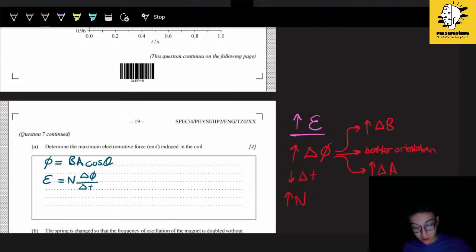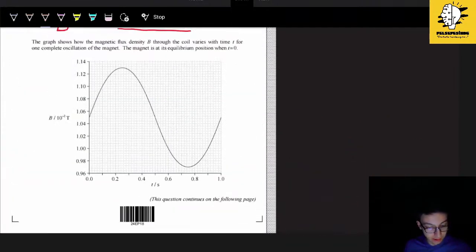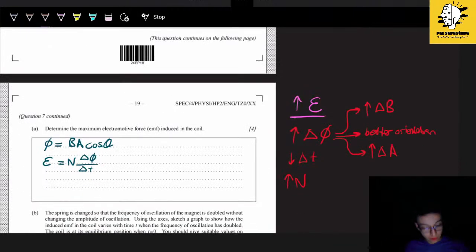For this flux change, I should either have higher change in B, meaning the magnetic flux density, or have a better orientation for this theta over here, or increase my cross-sectional area. In this one, B will change. We will go with this one for this experiment.